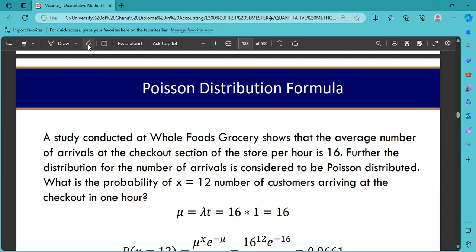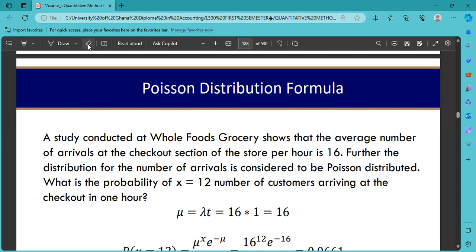Once you see time in a probability question, then it is Poisson. Further, the distribution for the number of arrivals is considered to be Poisson. They've stated it for us; sometimes they will not. What is the probability of x equal to 12?